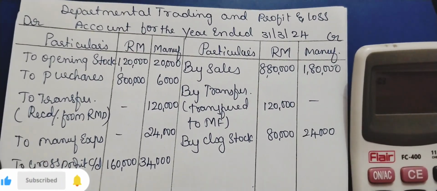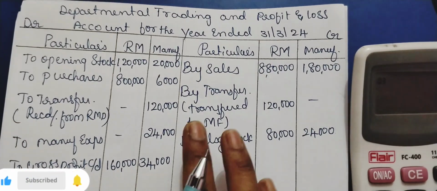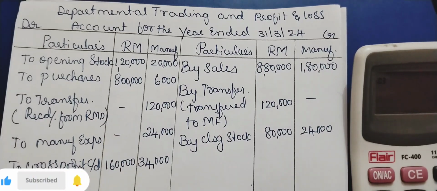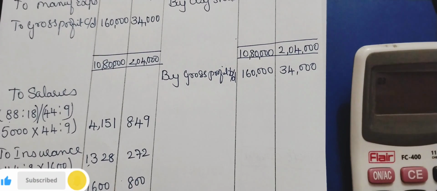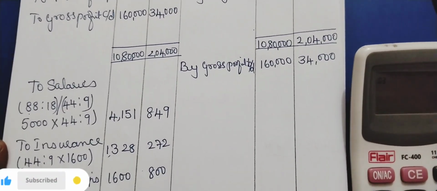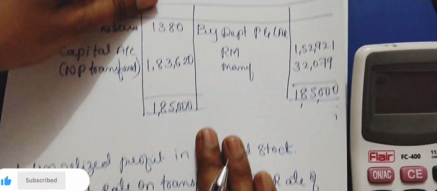Okay. So first we prepared the trading account, and we have taken all the expenses related to production and incomes. Then it comes to the sales, whatever sales related income and expenses were there, that we have considered. Then we prepared the general profit and loss account.